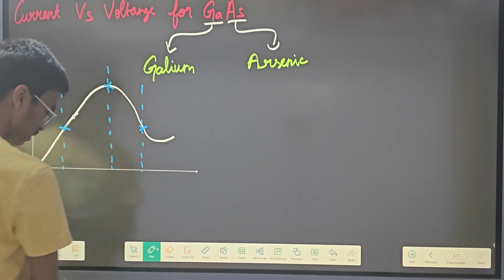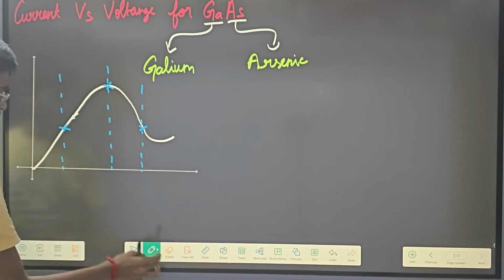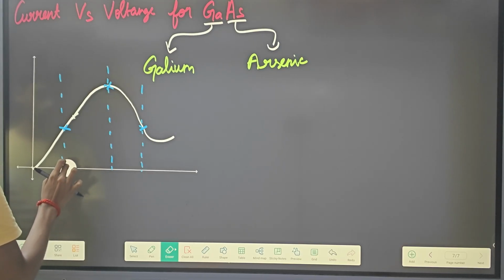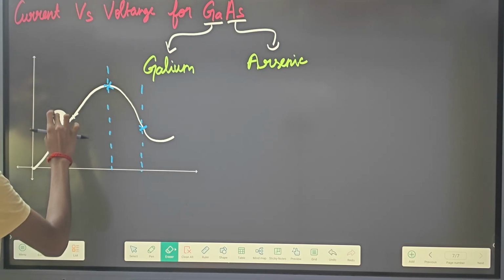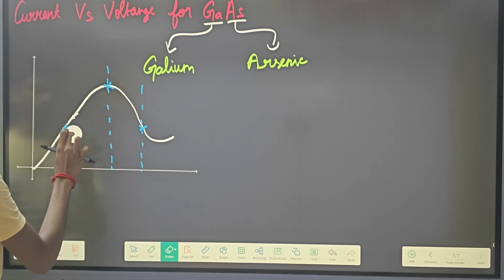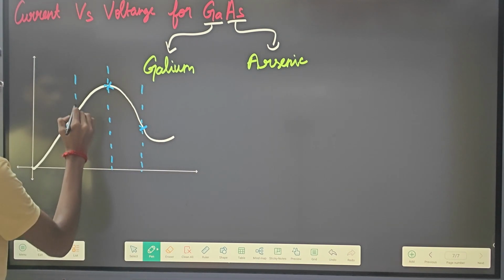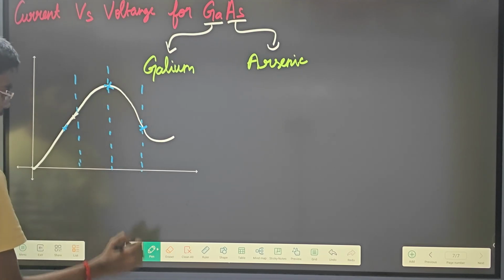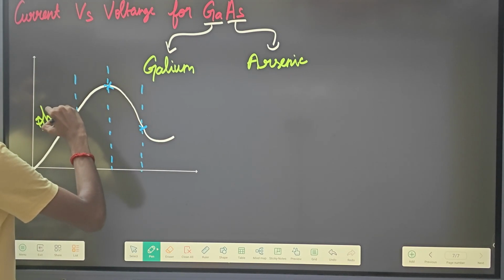That is what is explained over here. Till this one point, the bending point, it is straight. All the region which is straight is known as ohmic.